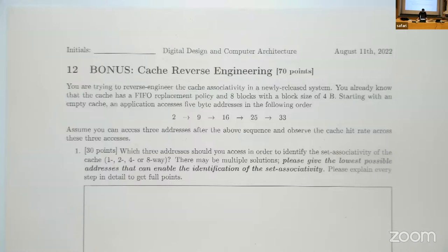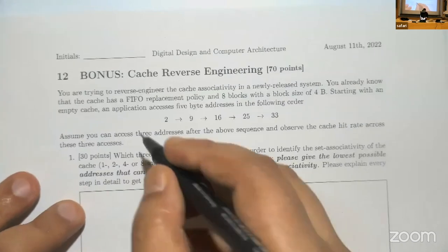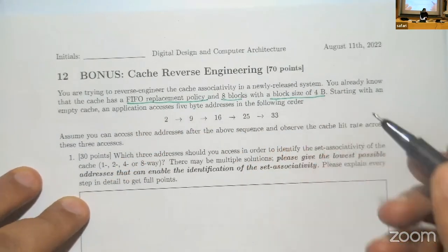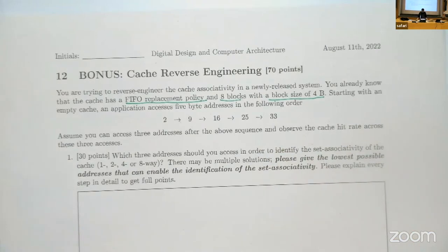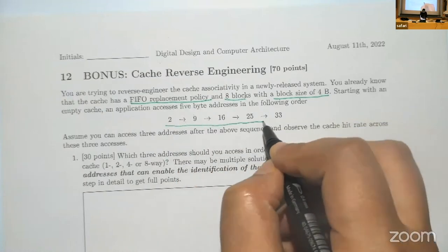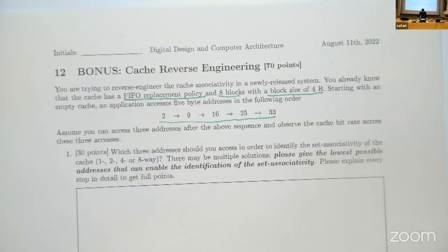You already know that the cache has FIFO replacement policy and 8 blocks and a block size of 4 bytes. We'll start with an empty cache, and then the application accesses 5 byte addresses in the following order, and this is the order of accesses that we have. So what do we do with this?